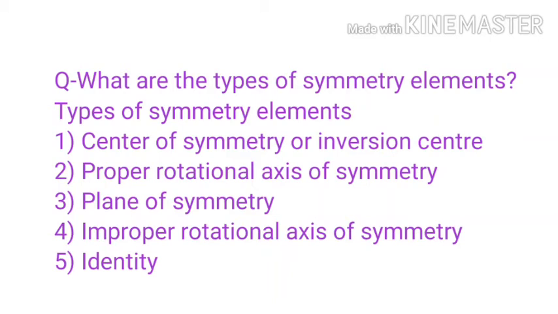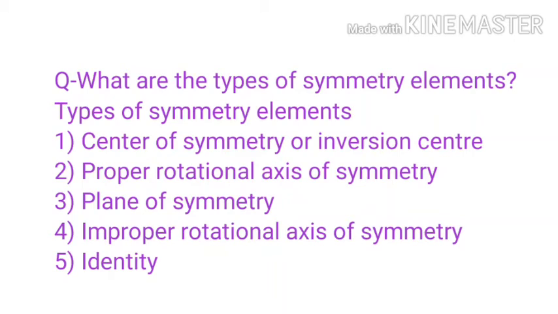Secondly, in proper rotation axis, we are going to put a line over the molecule and rotate the molecule, and from that we will come to know the symmetry of the molecule. Third, plane of symmetry. In plane of symmetry, we put a plane over the molecule and find whether it's a mirror image of another part or not. If there is a mirror image, then we say the molecule contains a plane of symmetry.